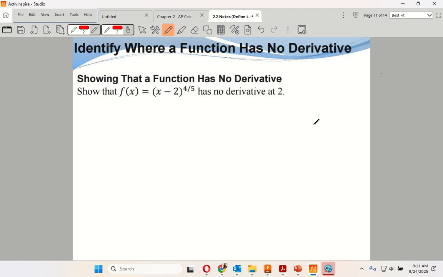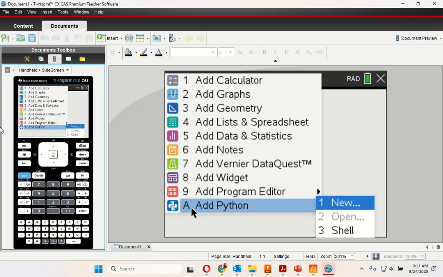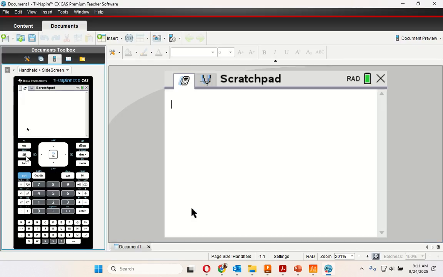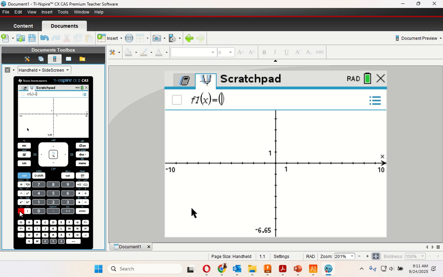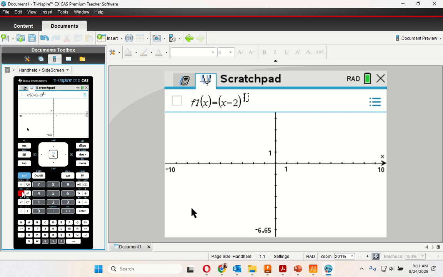So it's going to be the 5th root taken to the 4th power. That's what that 4/5 means. So I'm going to show this here. Parentheses x minus 2 close, caret 4 over 5.